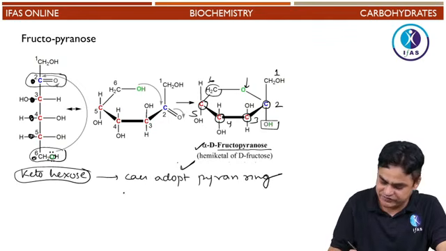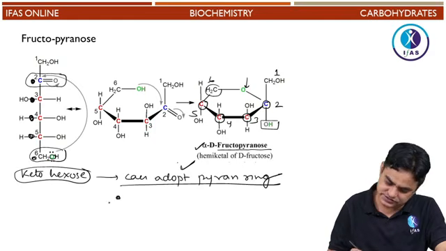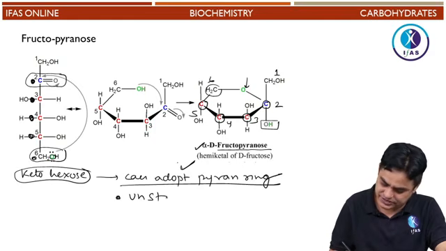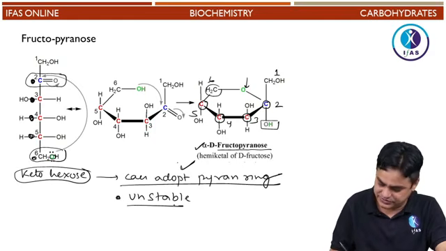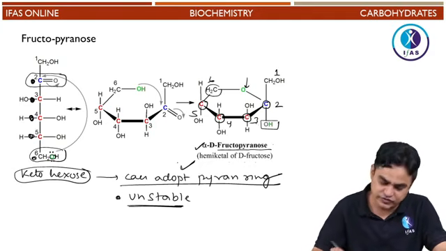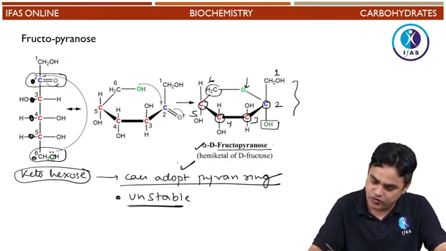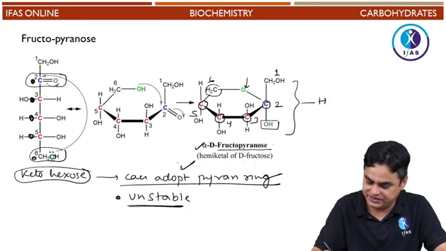But the pyran ring which is adopted by these ketonic version, it is unstable. It is unstable. Because you know fructose is one of the natural known sweetest sugar. This is the form which is present in honey.